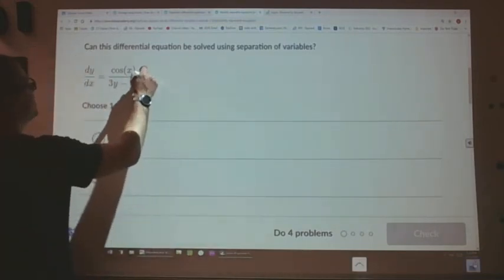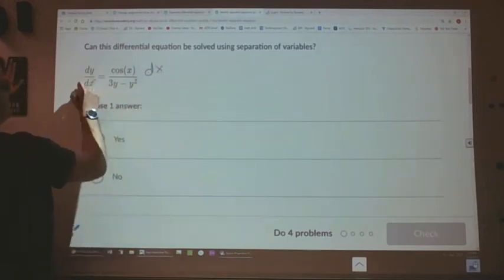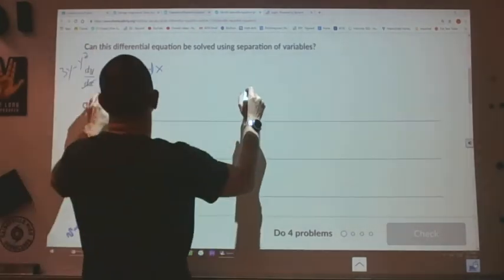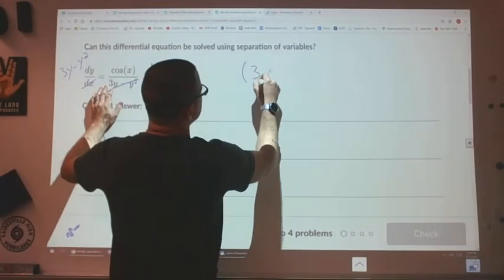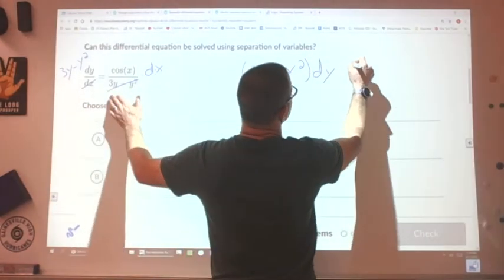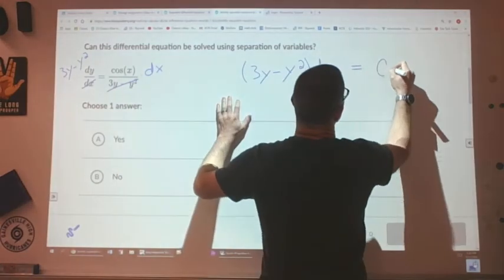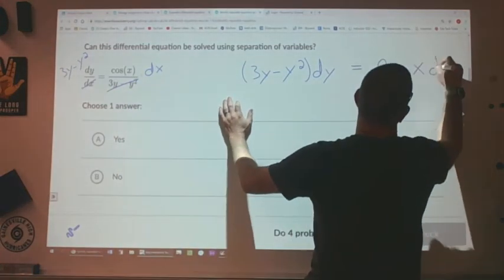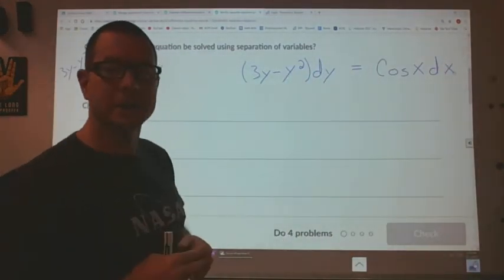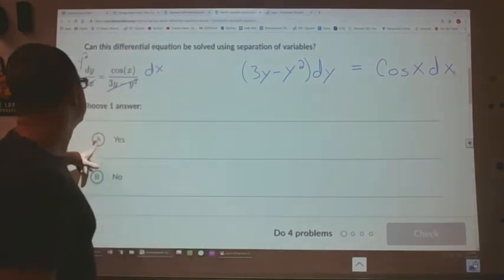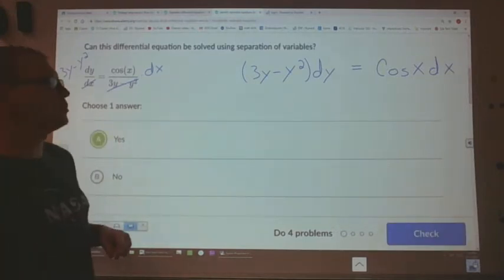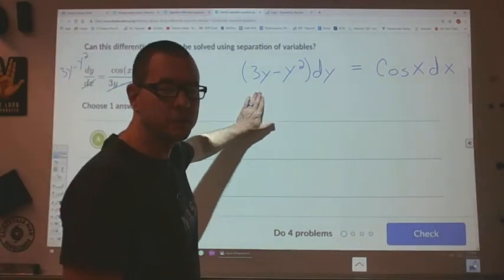I'm going to multiply by dx, and I'm going to multiply this by 3y minus y squared, so that what I end up with is 3y minus y squared dy is equal to the cosine of x dx. So I have separated the variables. So the answer is yes. We could solve this by separation of variables because it is possible to separate the variables.